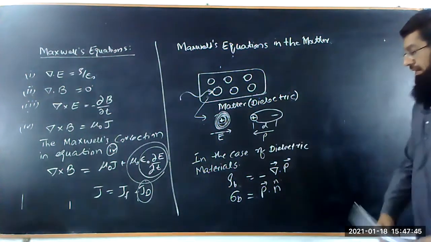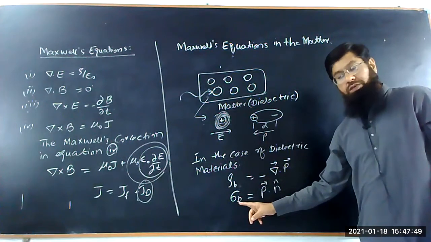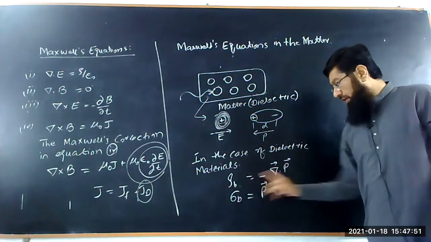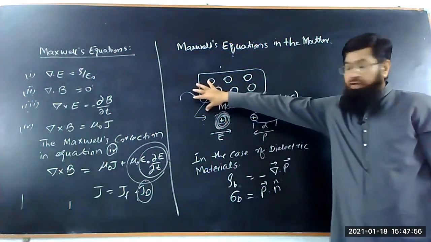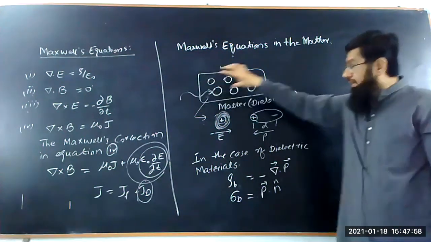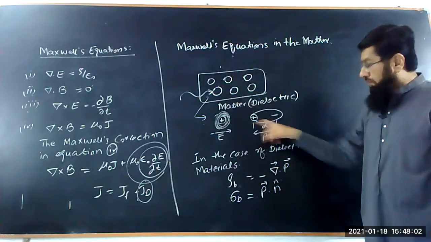So these are the volume bound charges and these are the surface bound charges, which totally depend upon the polarization vector.